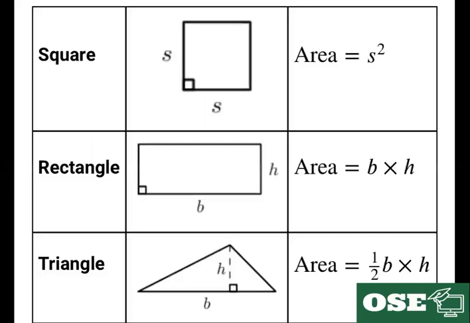Square. Okay, so remember the area, don't confuse it with perimeter. If we are looking at a house, I'll make an example of a house, the fence, the wall is the perimeter of the house.